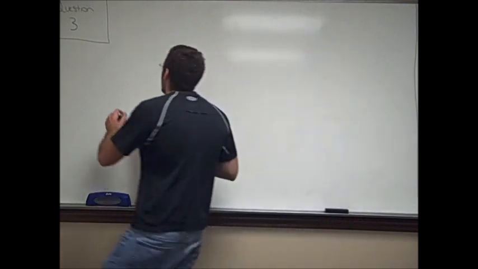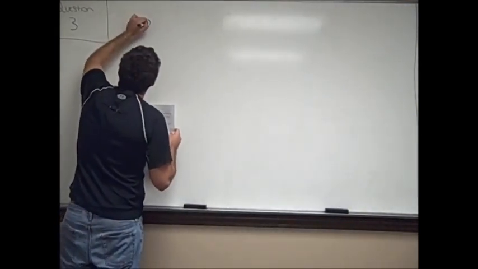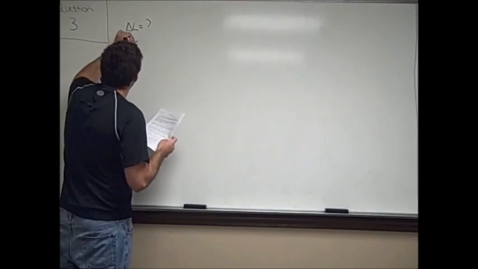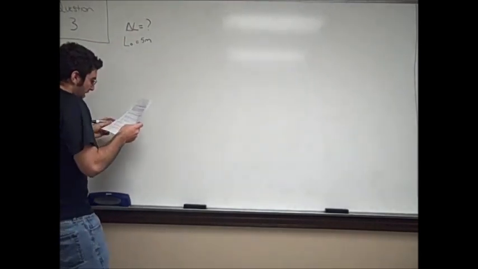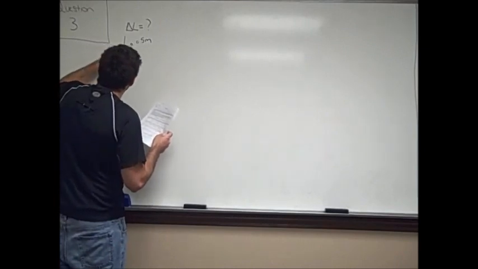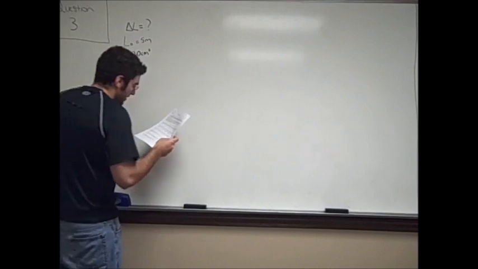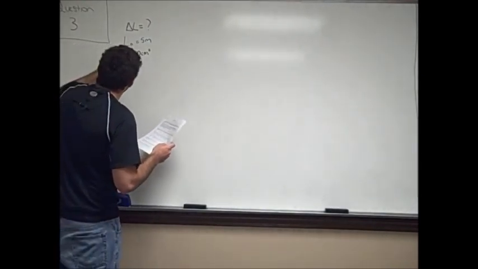So the first thing I want to do here is write what I want to find, and it's the change in length. And we're also going to write all of our knowns. So we have an original length of 5 meters, a cross-sectional area, A equals 20 centimeters squared, and a force of 20,000 newtons.